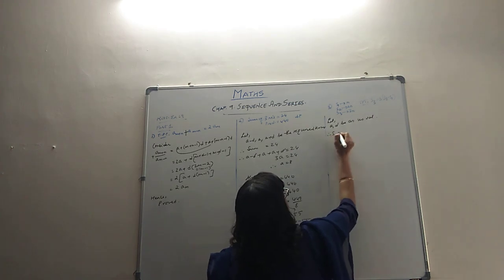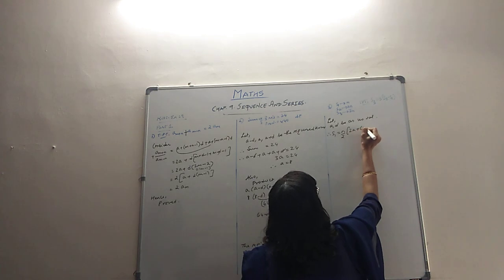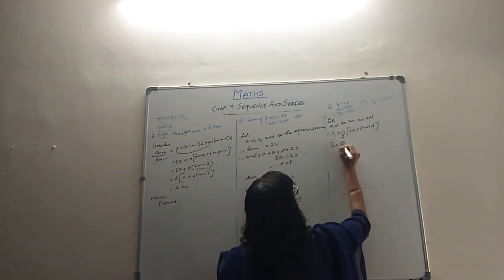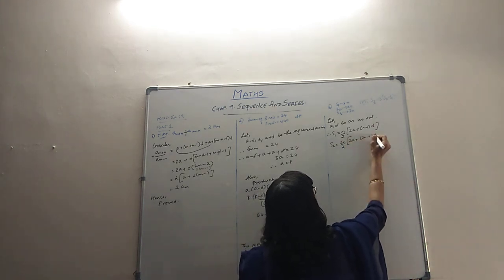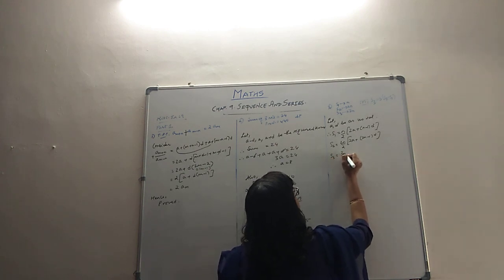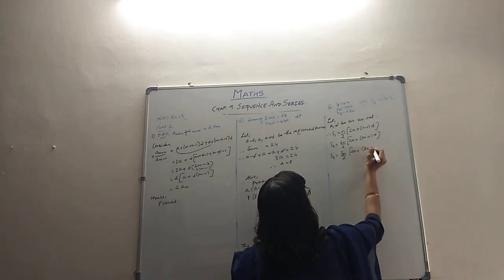S1, which is the sum to n terms, is n by 2 times 2a plus n minus 1 d. S2 is the sum to 2n terms, so 2n by 2 into 2a plus 2n minus 1 d. And S3 is 3n terms, so 3n by 2 into 2a plus 3n minus 1 d.